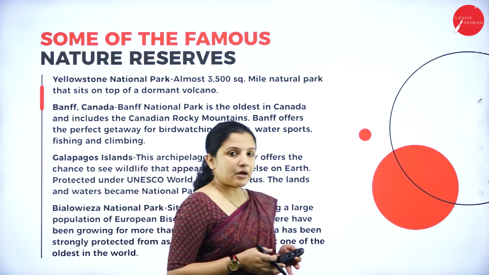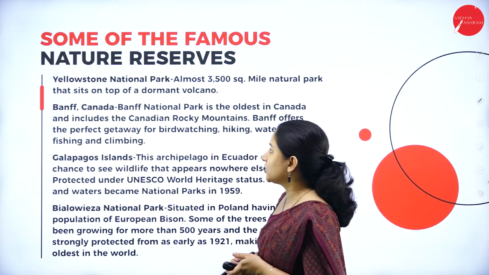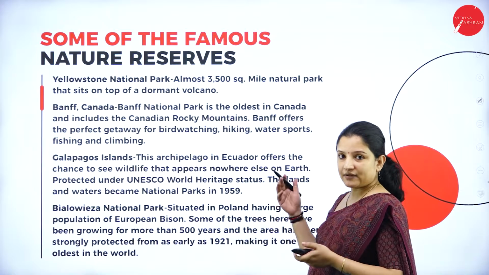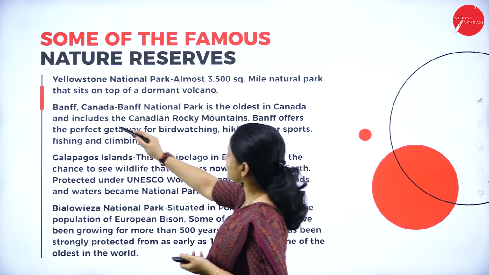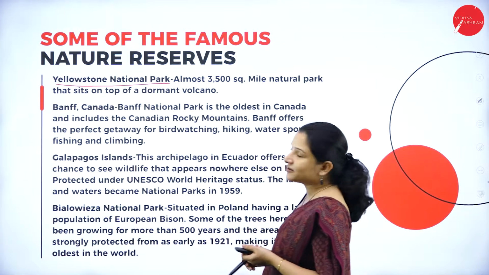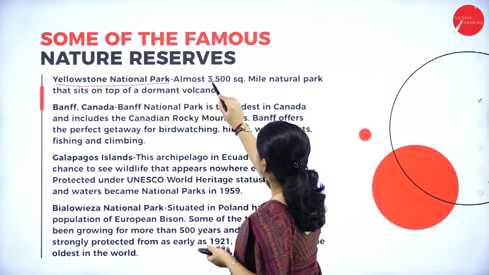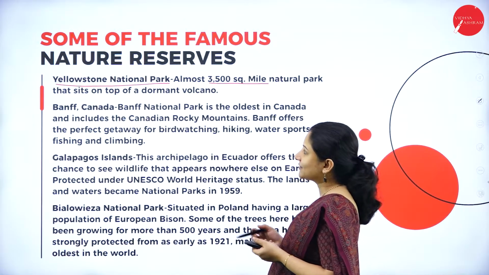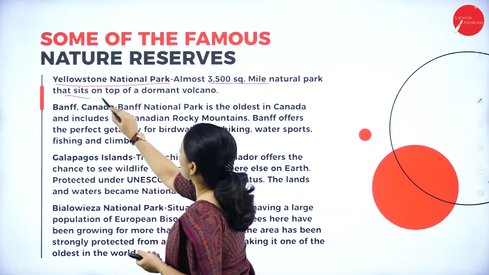Next, let's talk about some of the famous nature reserves. Here I have listed a few. One is Yellowstone National Park. It covers an area of 3,500 square miles, and it is a natural park that sits on top of a dormant volcano.